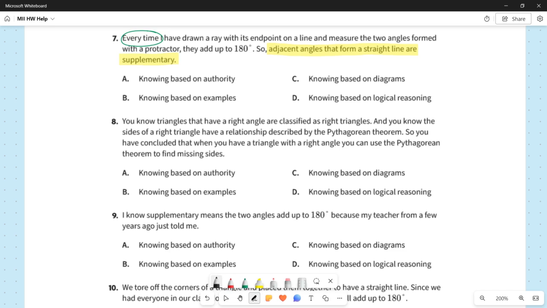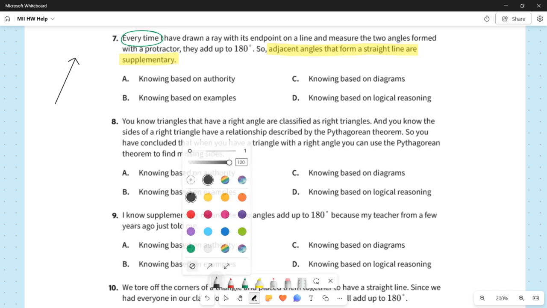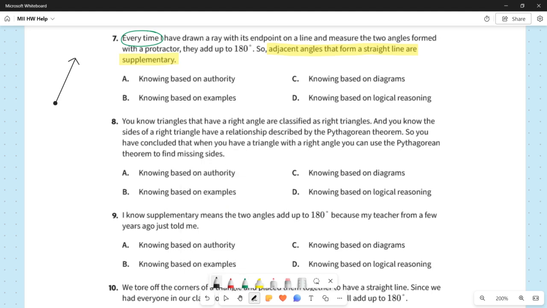So just to ground what's happening here, this is saying that if I take a ray, something like this, and a ray is basically a piece of a line in that in one direction it continues on indefinitely like a line, but on the other end it stops like a line segment. So it's like half line segment, half line. That's a ray.